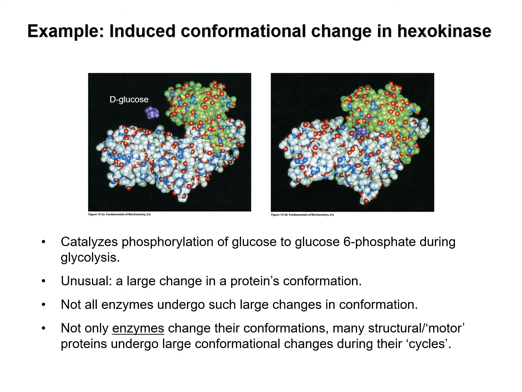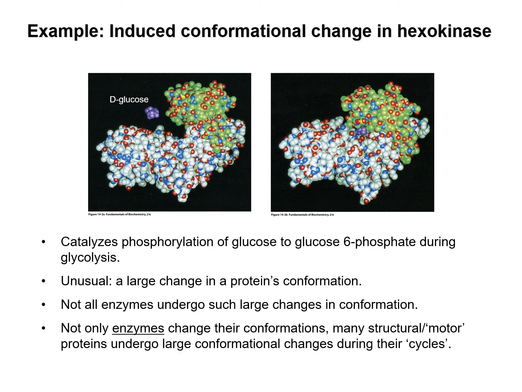An example of induced conformational change during the reaction is hexokinase. You can see its structure here with D-glucose before and after binding for the reaction. This hexokinase catalyzes phosphorylation of glucose into glucose 6-phosphate during glycolysis, which is the process of digesting sugars.